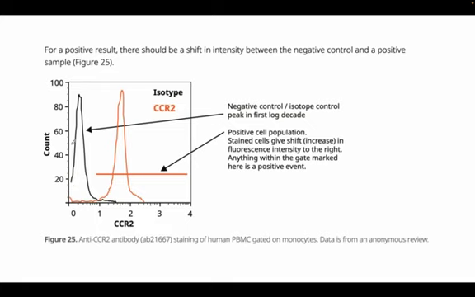And so the fluorescence intensity should be very low. Right? So all my events should come here at a low intensity. Whereas in my positive sample, since my protein of interest is present, most of my cells should express it. So the peak should come at a higher fluorescence intensity, right? Because my protein is present in these samples.